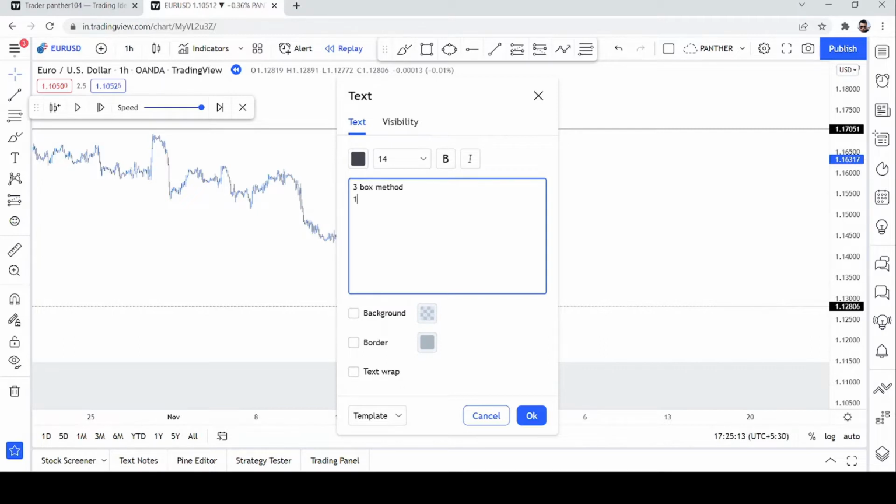Number one, we're going to involve ourselves with structure. Number two, S&D, supply and demand. And number three is the confirmation.